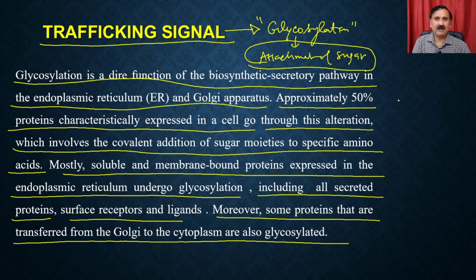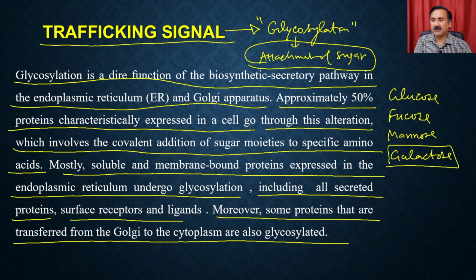You will know that we have different types of sugar: glucose, fructose, mannose, and even galactose. All these different types of sugar can come together either individually or in combination, and that's how they make a complex structure and complex function.